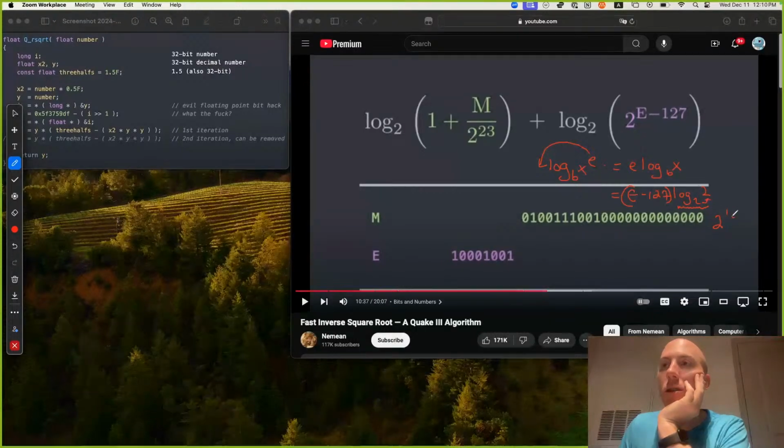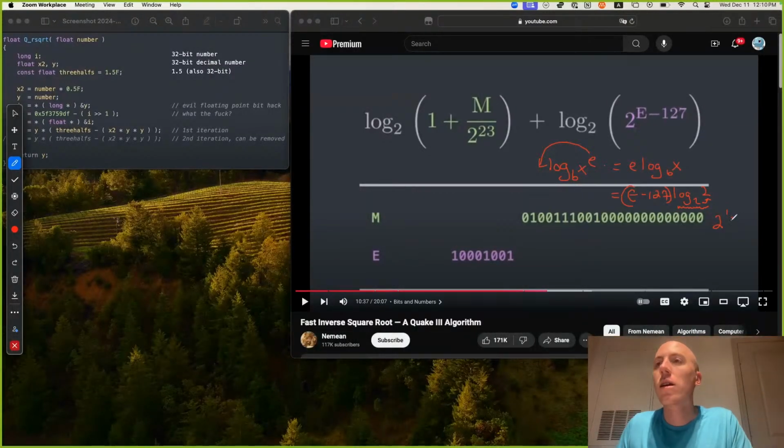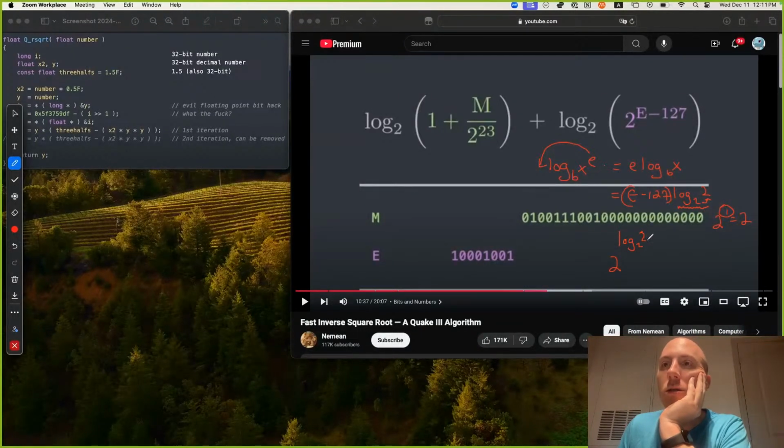Well, 2 to the 1 is 2. So that's what this number is. 2 to the log base 2 of 2 is equal to 2. 2 to the x is equal to 2.